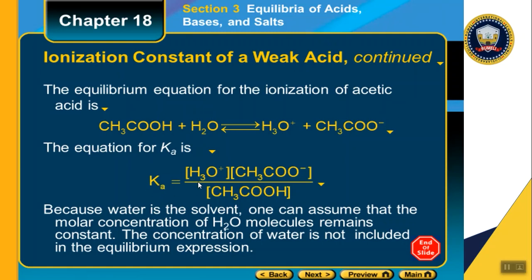So Ka equals the concentration of hydronium ion to the power of its coefficient times the concentration of acetate ion to the power of its coefficient over the concentration of acetic acid to the power of its coefficient.